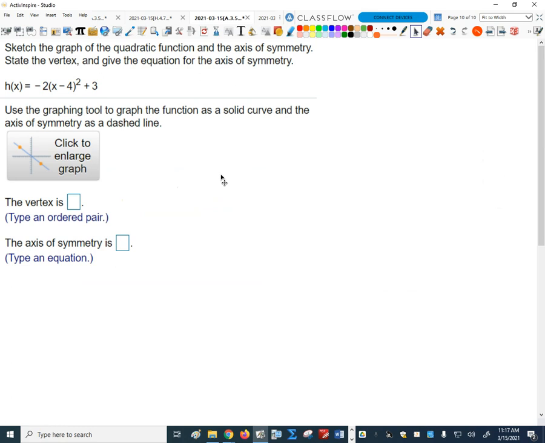Okay, what form is that in? Is that in vertex form or in standard form, first of all, h of x? Vertex or standard? Just give me a V or an S. Okay, good. Yeah, it's vertex form, isn't it?